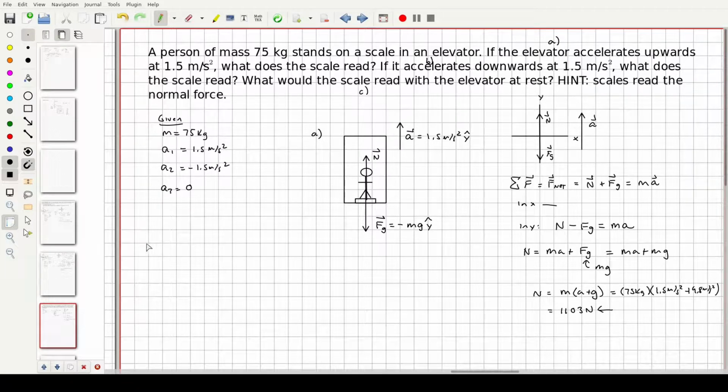Now, for part B, the solution, or at least the process, is basically the same as part A, except now the elevator is going down, right? So in this case, the acceleration is downwards at 1.5 meters per second squared. Okay. And I can probably just snipe this. I'll tell you what, let me do that.